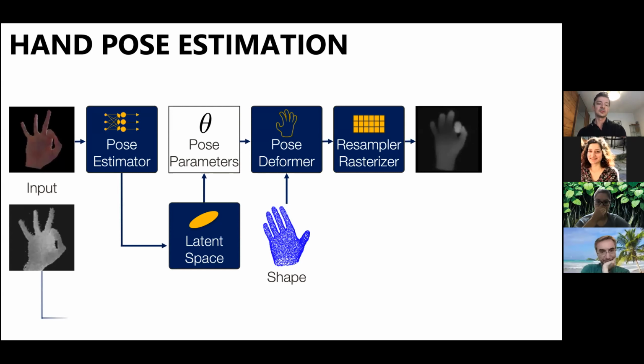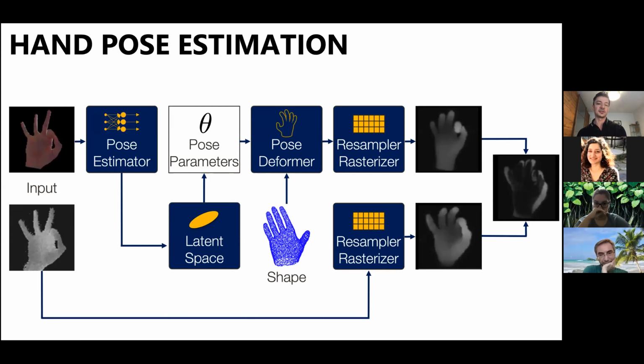Now you can apply the same process for the input depth map, and basically you pretty much use the same system, except in this case you have the input color image and the corresponding depth map at training time, and only the color image at test time. So now we extended the system also to work with color images, and the only difference we have here is this pre-trained latent space, which is also an idea I use quite often.